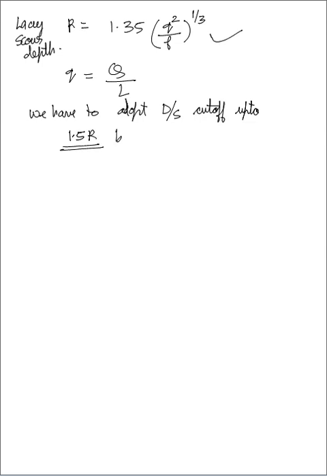Below the downstream water level. So it will be useful. Once you find out Lacey's scour depth, you have to multiply it by 1.5, and that too below the downstream water level. Okay, thank you very much.